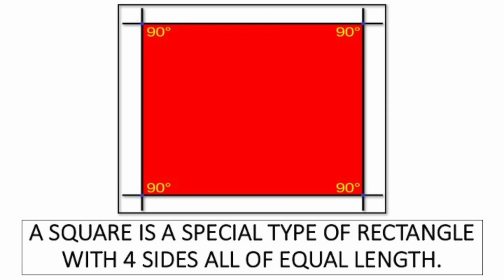A square is a special type of rectangle with 4 sides of equal length. Yes, that's what separates a rectangle from a square. The square has sides all of the same length. And similar to a rectangle, 4 points or 4 right angles.